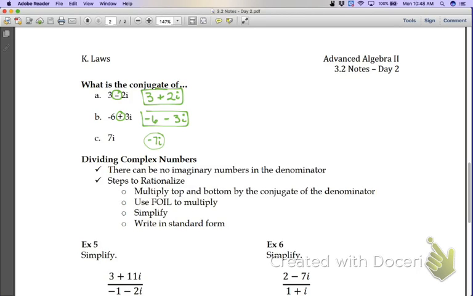We're going to do this whenever we divide complex numbers, because we cannot have an imaginary number in the denominator spot. Really an imaginary number is just a square root or a radical, which we also can't have in the denominator spot.